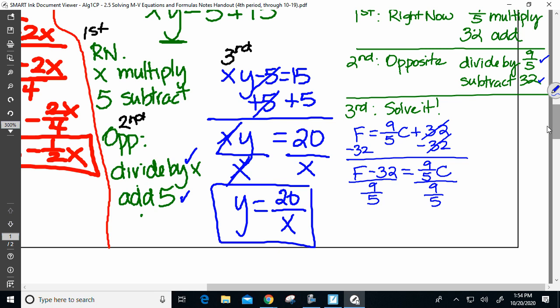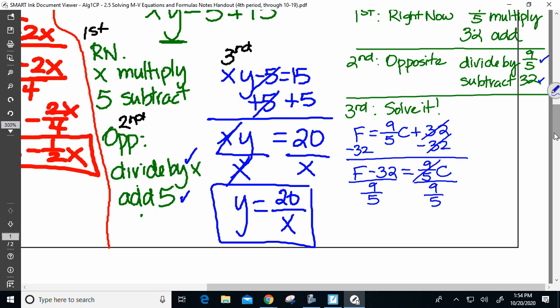So, when we divide by a fraction, there's a 3-letter acronym that we use. Begins with a K, begins with a C, begins with an F. So keep, change, flip.